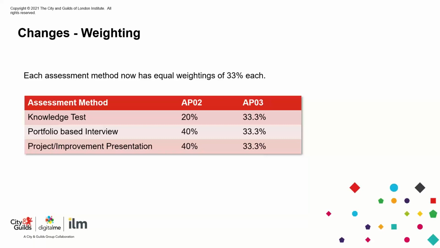So we do have the 3 components, and we can see that with the new assessment plan, they now each carry equal weighting towards the contribution of the final grade. So they all carry 33.3% weighting, which is different from the past, from a previous assessment plan, where they had different contribution in terms of overall grading.